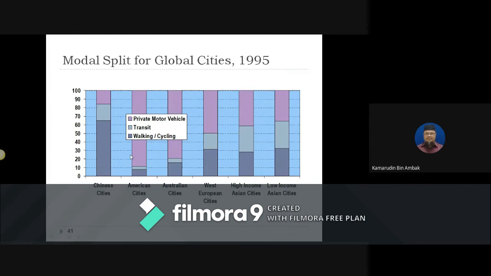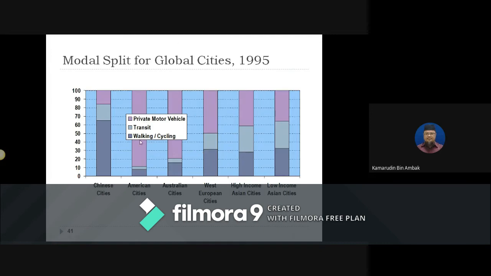Okay, this is the comparison looking at modal split. This is quite old, 1985, but we can still learn from these different countries, especially comparing Western and Eastern countries.